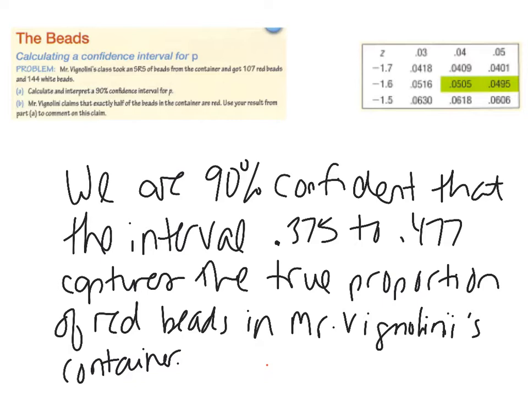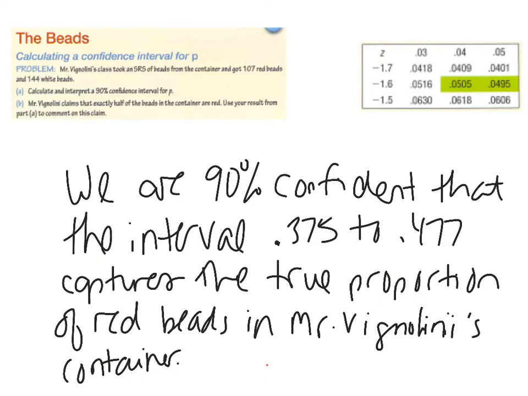We are 90% confident that the interval 0.375 to 0.477 captures the true proportion of red beads in Mr. Vignolini's container. Specific, about the container, about what you're looking for, specific to the problem. You have to do that. If you are not doing that, then you will not get full credit. So don't shortchange yourself when you do your practice problems.